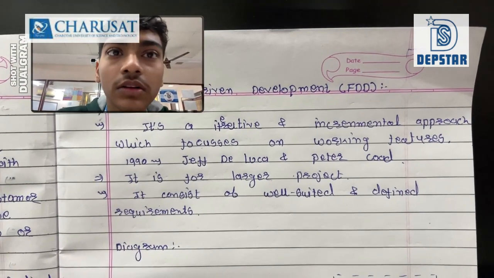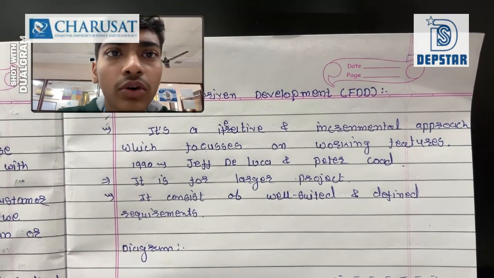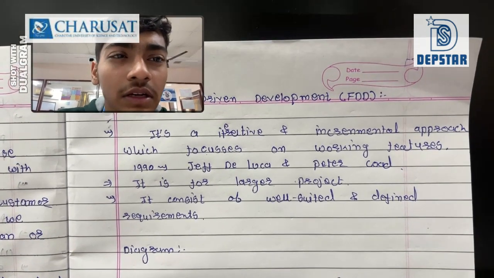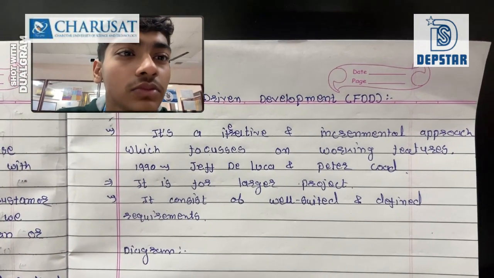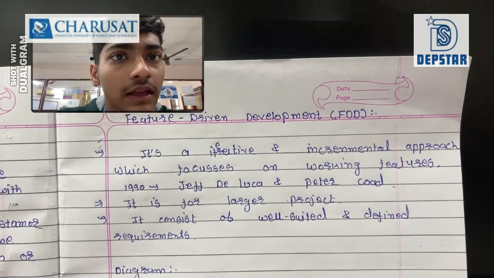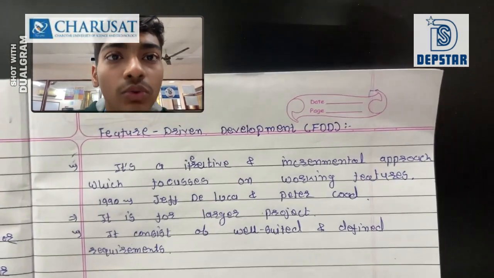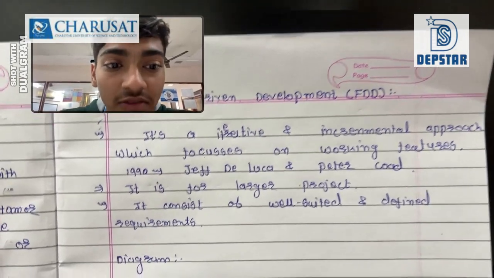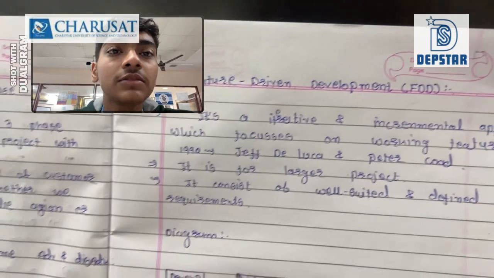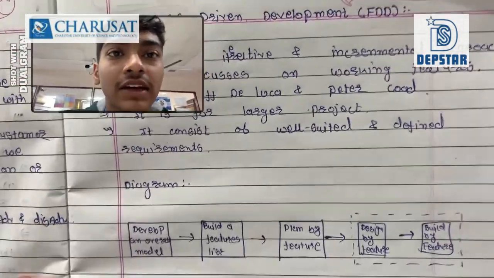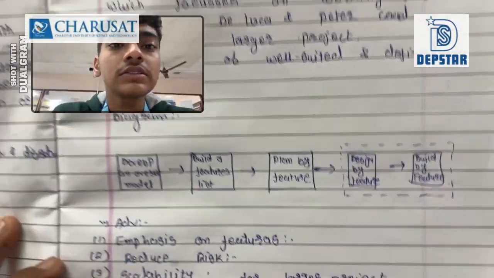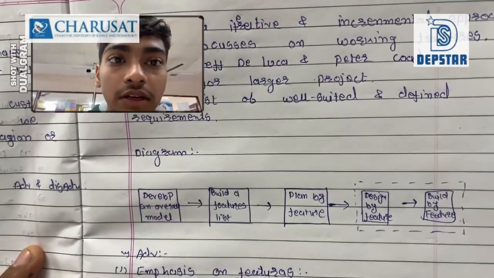This FDD model is for large projects, and it requires well-suited and defined resources. We require a coder, and a specific team which has the characteristics of specific features. This is the diagram of FDD.